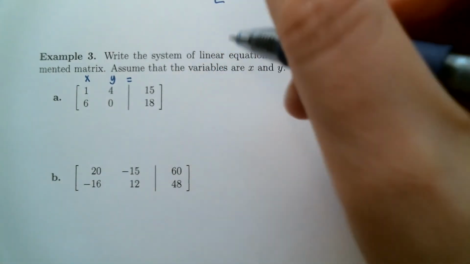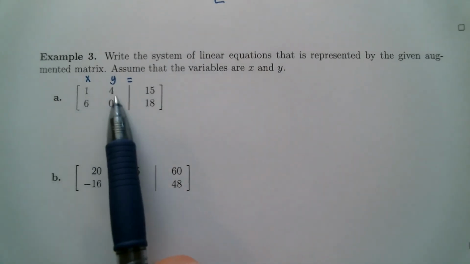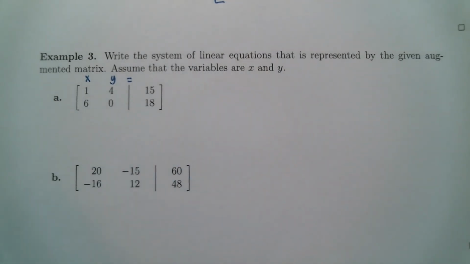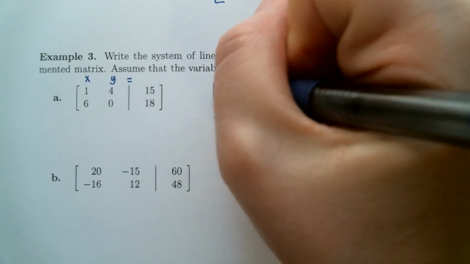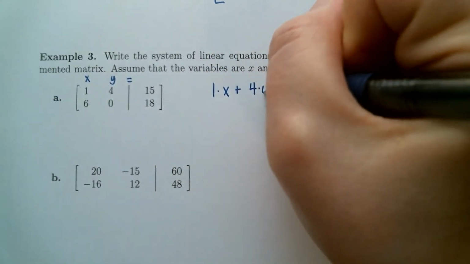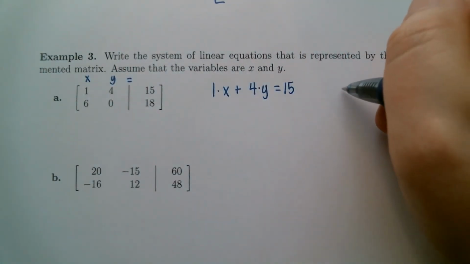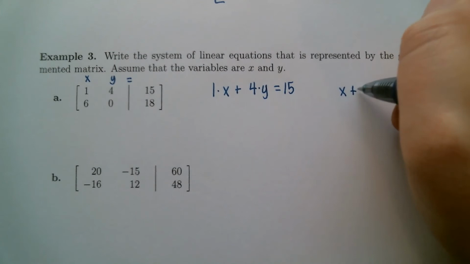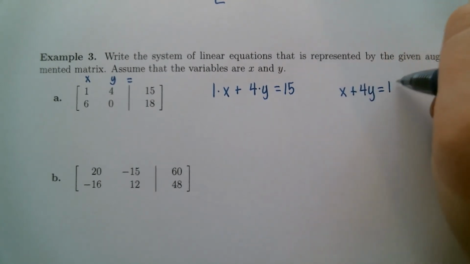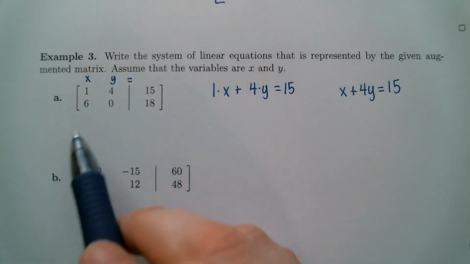All right. So let's go ahead and translate this into a system of equations. Okay. 1, 4, 15, that first row. That means 1 times x plus 4 times y is equal to 15. So if I simplify that, I'm going to get x plus 4y is equal to 15. That's the first equation. Second row.